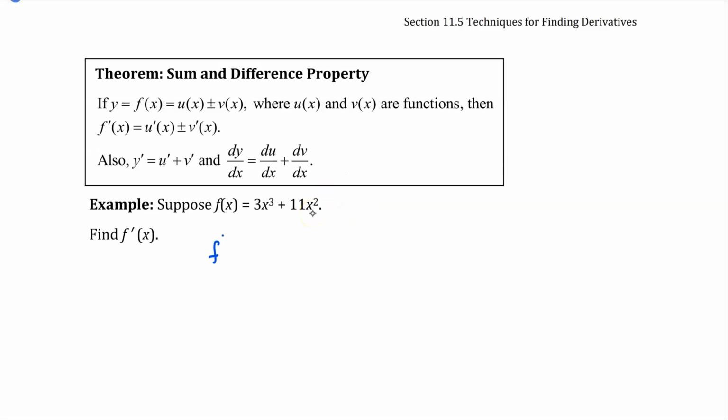So f prime of x is just equal to the derivative of this, which is equal to 3 times 3 times x to the 3 minus 1, plus, copy the constant multiple property, 11 times the power here, 2 times x raised to 2 minus 1. And then simplify it. So you have 9x squared plus 22 times x.